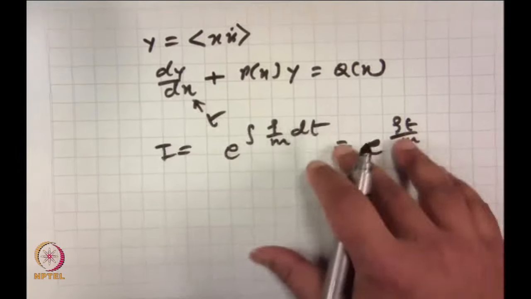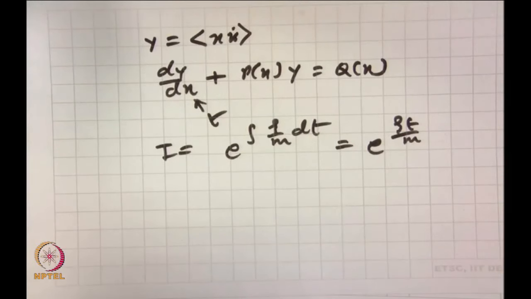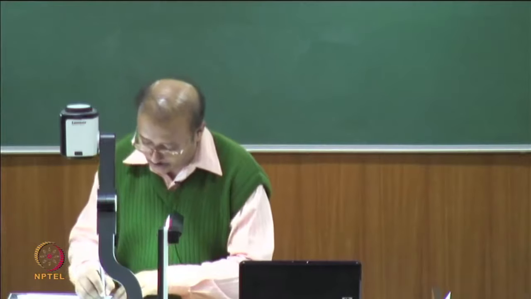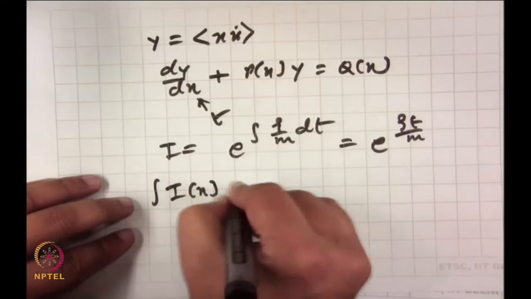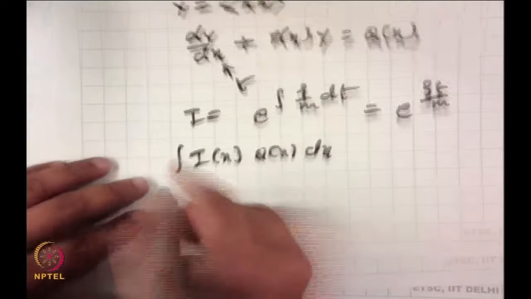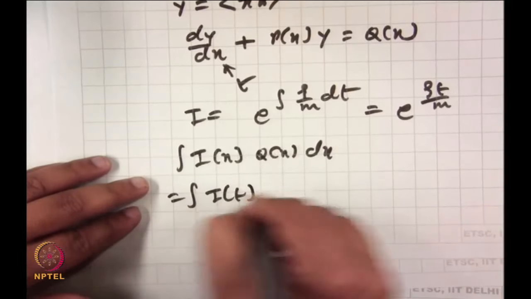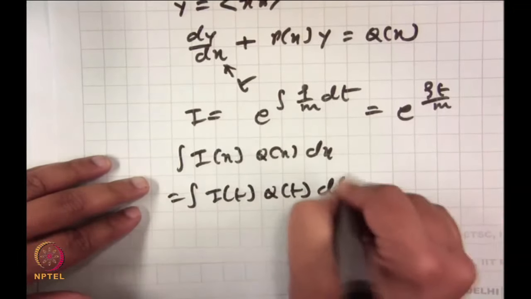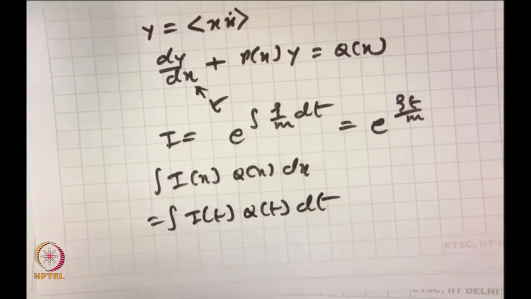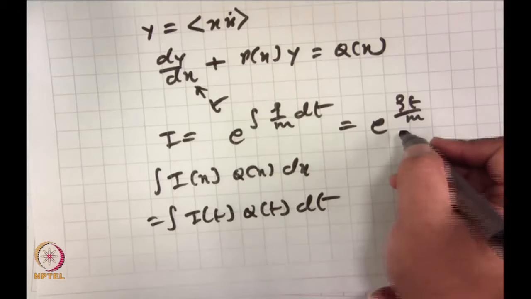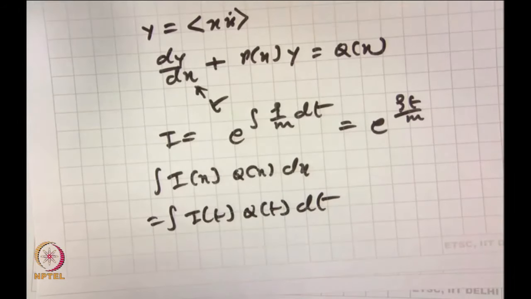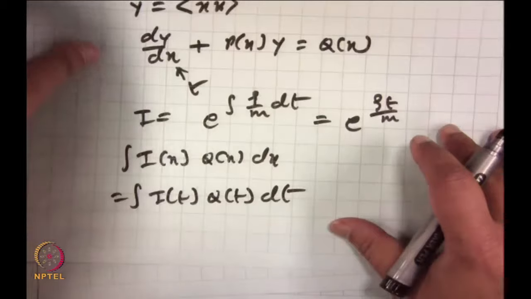Okay. Now, put into this equation, the final equation, the integral of I of x q of x. Now, what is integral of I of x q of x dx for me? This is essentially I of t q of t d of t. I already know what I of t is because I have got it here. This is I of t for me. Okay. What is q of t? Q of t is k t over m, is not it? So, then what I can write is based on what I have.